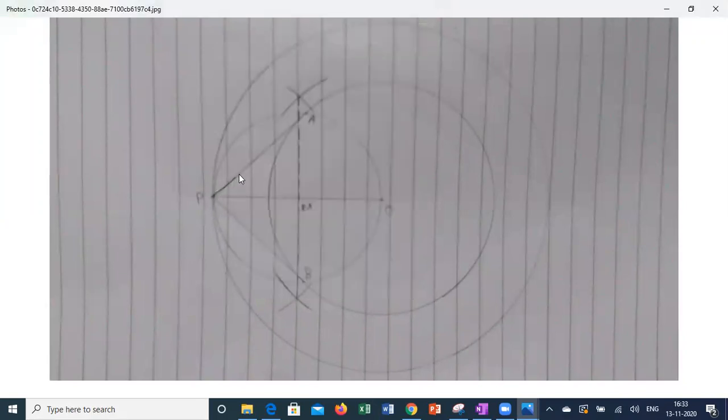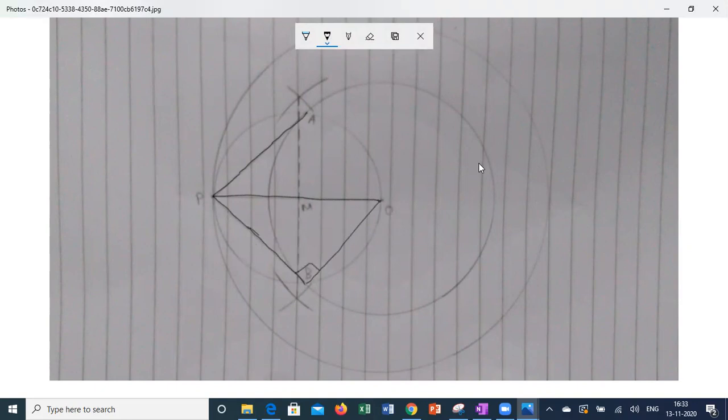See here, this is the tangent. PA is one tangent, PB is another tangent. If I'm connecting to the radius and I join PO, and this is the right angle, I have to calculate PB length.